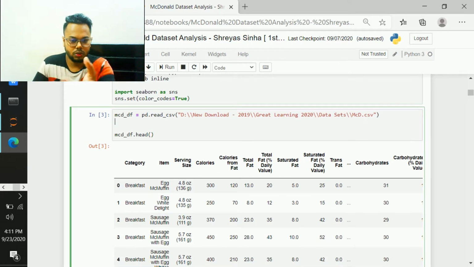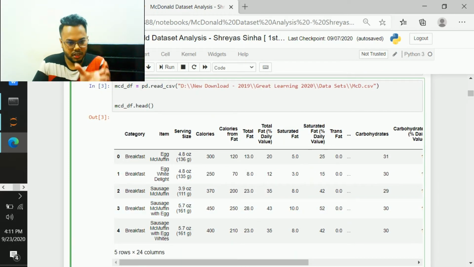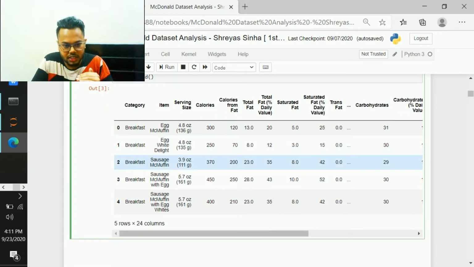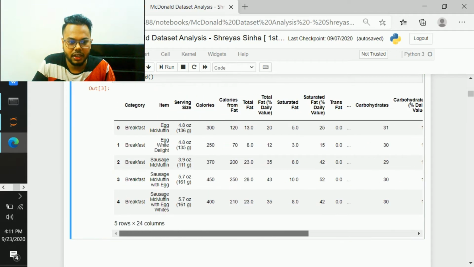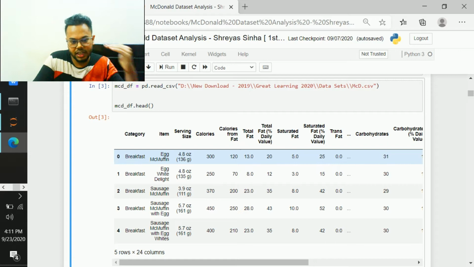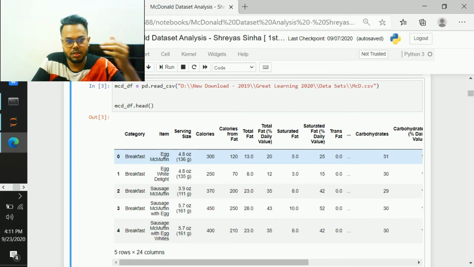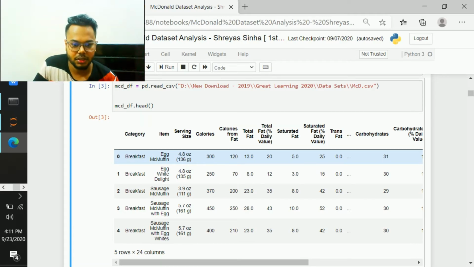So here we go, we have the data set here. As we can see, the category of food has been given: breakfast. I'll show you all the other categories as well. Then there is the item. For each category there are different items, like for breakfast there are certain items, for snacks there are certain items, and for other categories there are different items.